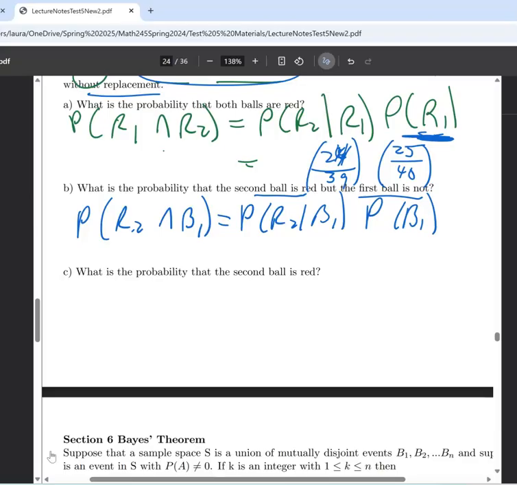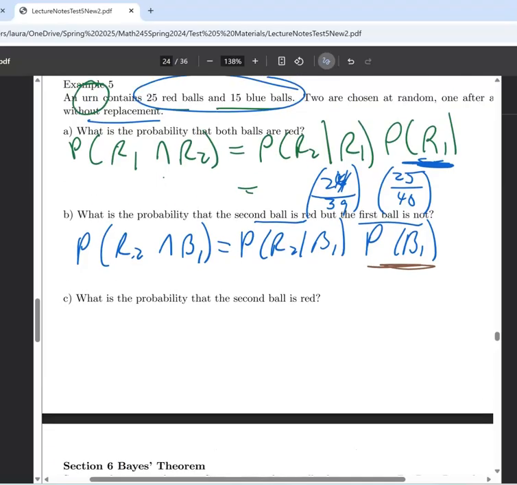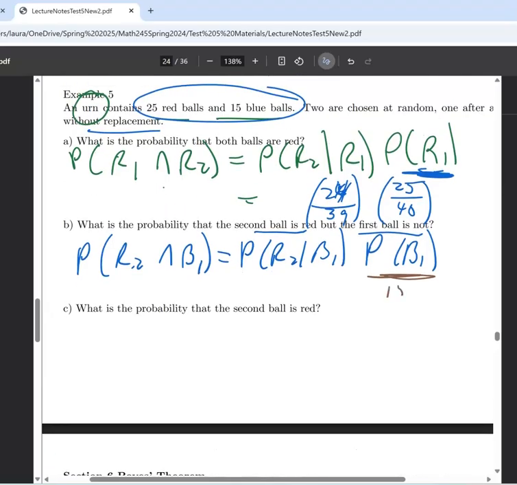So again, I always encourage you to go to the first. So the first one is blue. That means there's 15 out of the 40 balls that are blue. And then how do I do this one? I did not put back the ball, so I have 39 left to choose from, and of the red balls I have 25, so those two numbers.